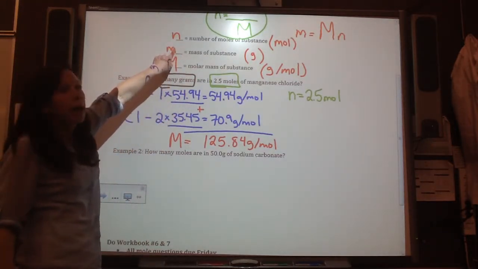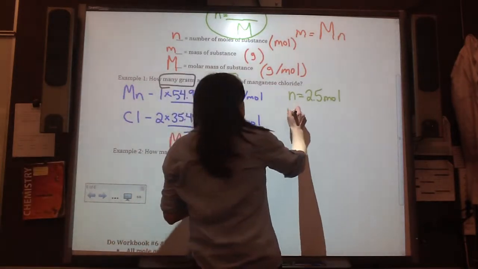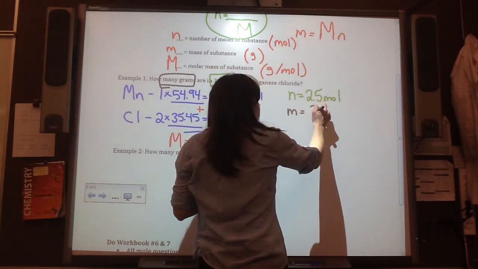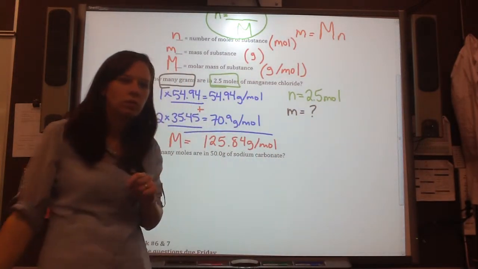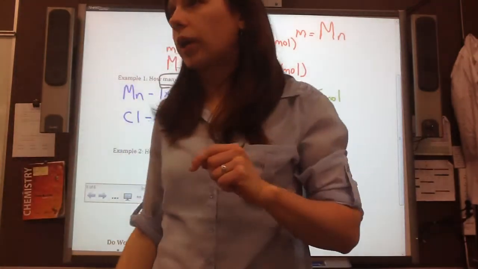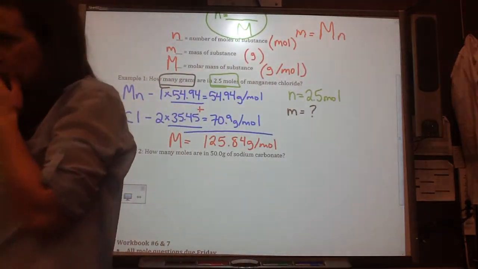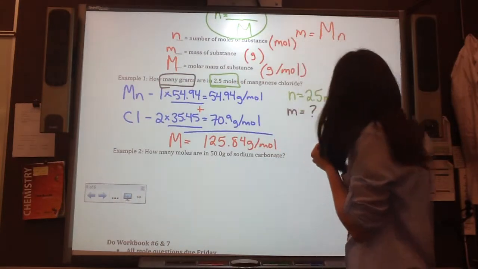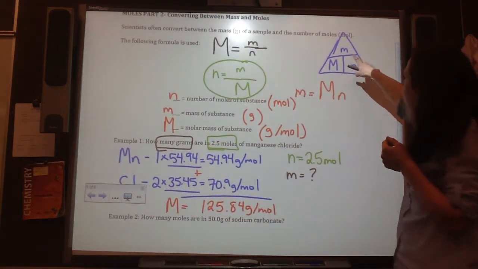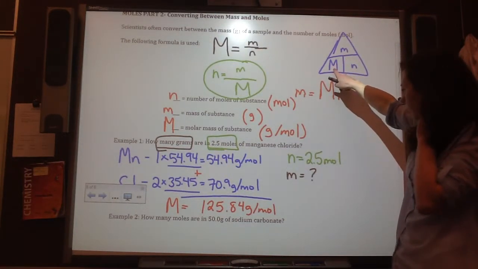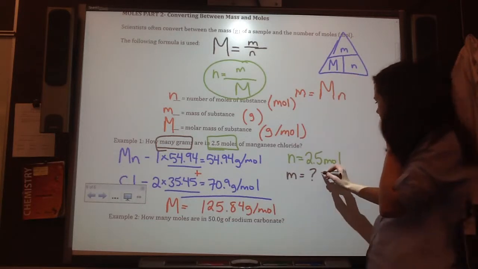So I'm looking for m, my mass. So little m is equal to question mark. Go ahead. So you would use the triangle. Yep. And m would actually end up being big M times n.